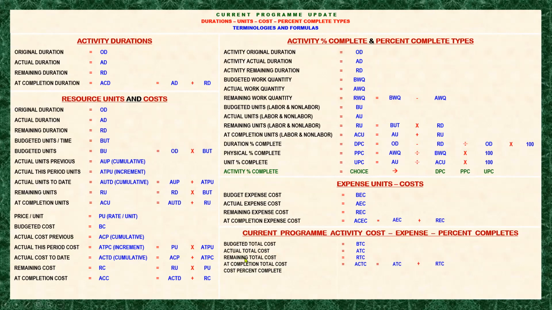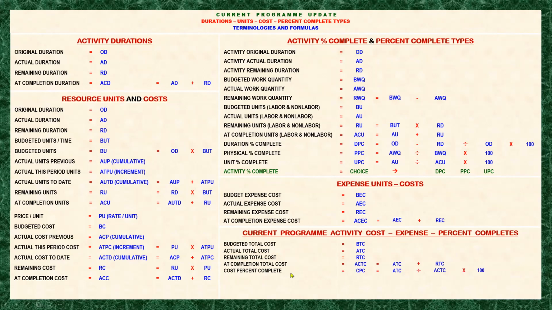Okay, next is the cost percent complete. When I explain it, this is the total of the at completion percent complete of the resources.